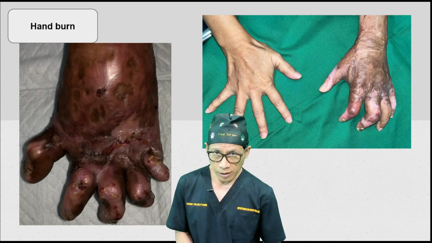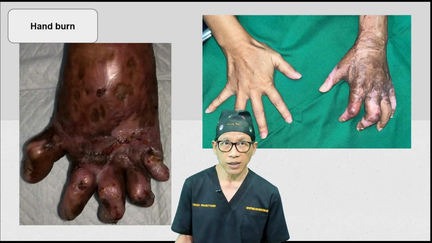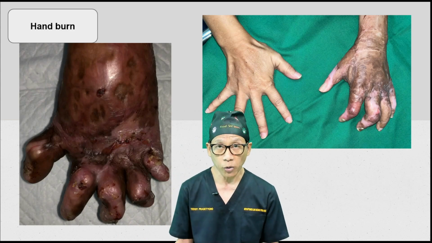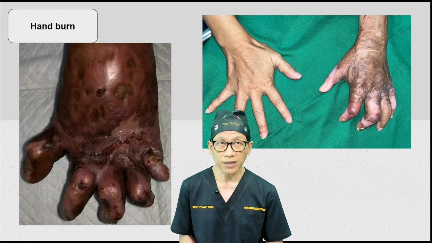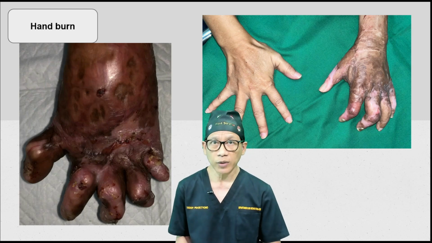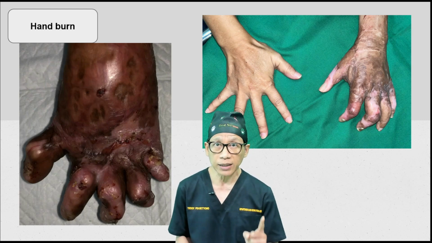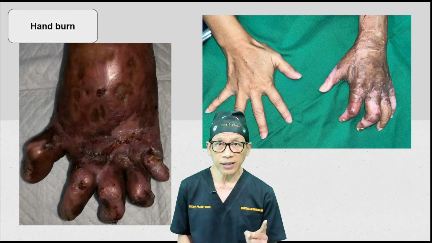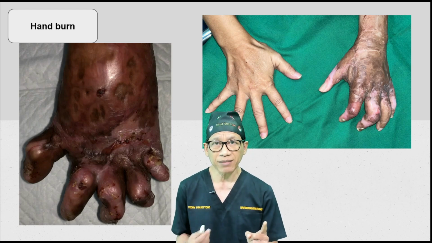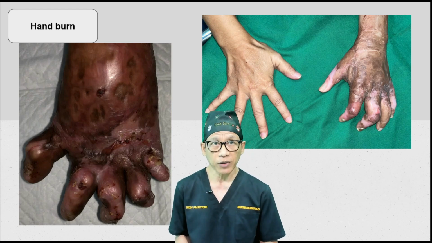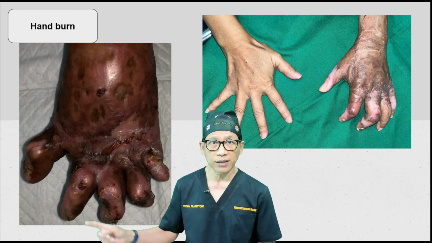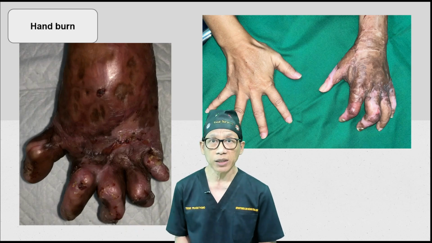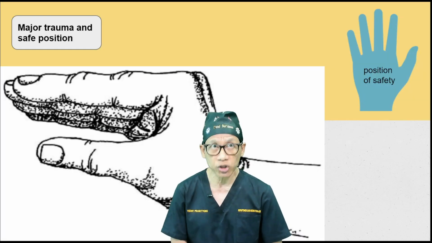The other case that you need to discuss with your peers or with your consultant is hand burn. I'm not going to talk about hand burn, but it needs very empathetic attention because of the potential deformity, like you see in this case, very severe deformity with hyperextension of the MP joint.